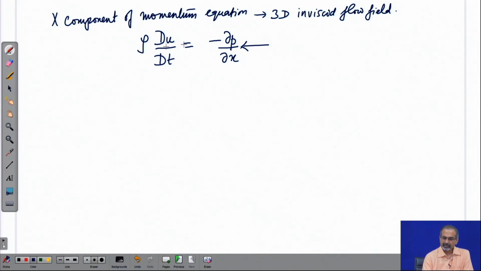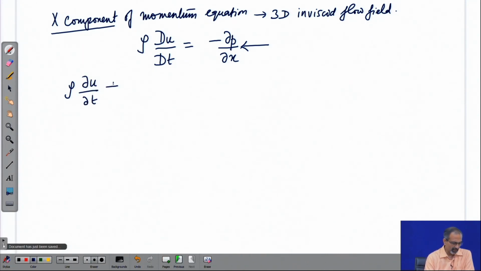Like you are writing it for the x component, you can similarly write for other components, but here we need it only for this component to show the next analysis that we would like to do, that is to derive a very important equation for inviscid flows, which is called the Euler equation. Let us expand the left hand side. We know how to expand the substantial derivative.